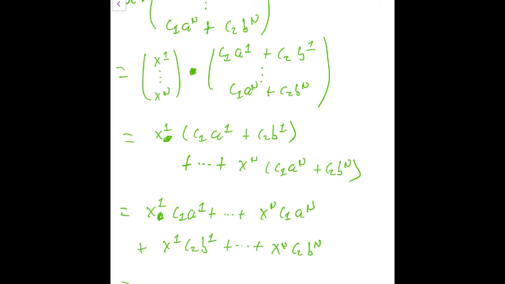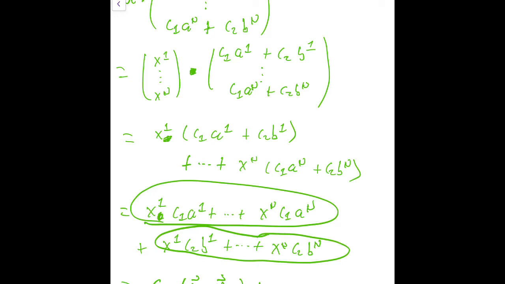Well, what is this? This first term is just C1 times U dotted with V1. And the second term, meaning this part right here, is just C2 times U dotted with V2.